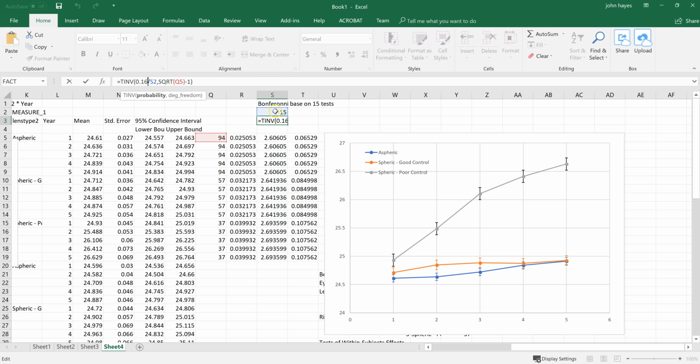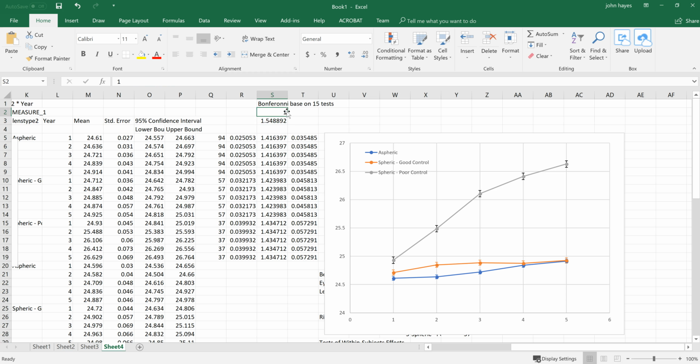So it's 0.16 divided by 15. That's the Bonferroni test. And so if we were to look, that t value is 3.31. If it was just the adjusted by itself, we would have a t value of 1.54, but it's 15. So it's a bigger number.